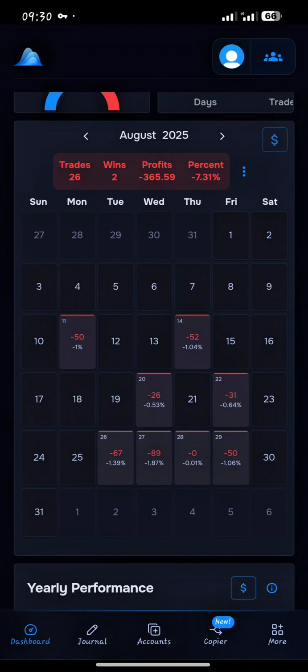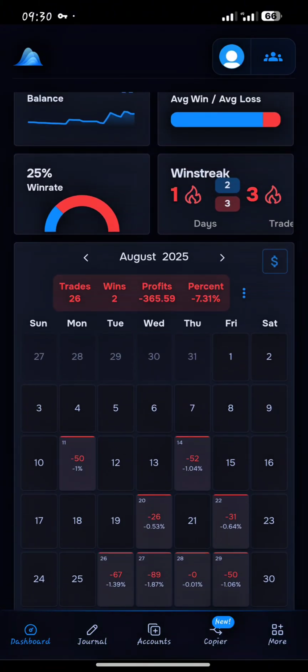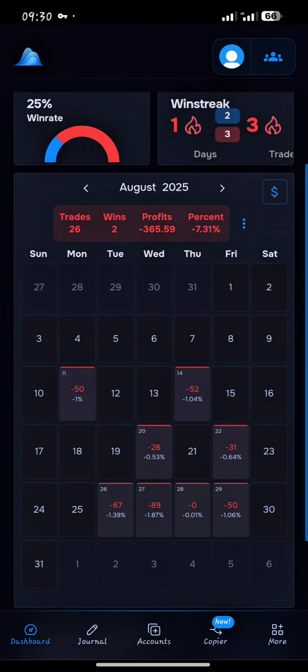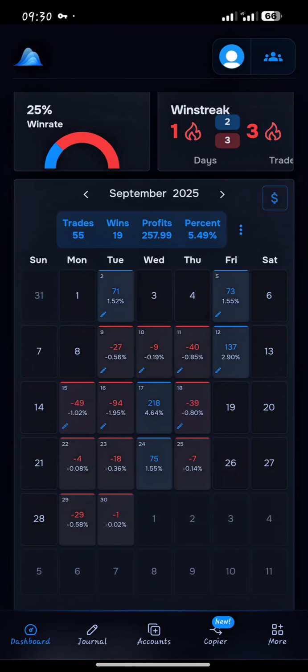It was even -7%, but I knew that I was close to blowing this account. But then when I started following my rules and actually applying what I'm supposed to be doing, you can see all these red days, most of them are mistakes that I'm going to try not to make anymore.